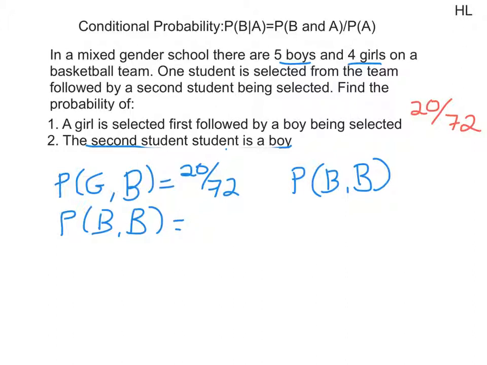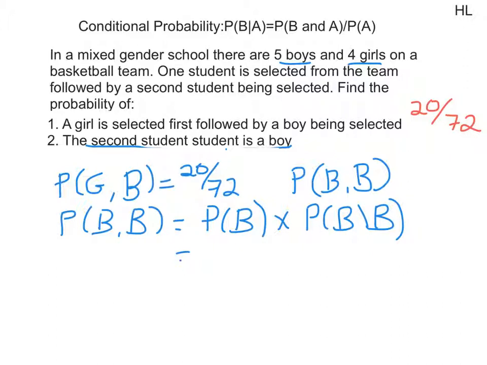Using our conditional probability, this is equal to the probability of a boy as our first event, multiplied by the probability a boy is selected given a boy has already been selected. So looking at this, the probability a boy is selected is 5/9. Now we already have selected one boy, so for the second selection there's only 4 boys remaining and 8 students. So in this case it's 4/8. 5/9 multiplied by 4/8 gives us 20 over 72.